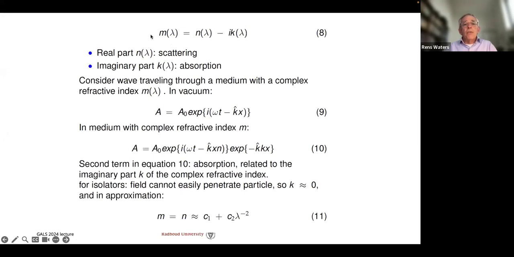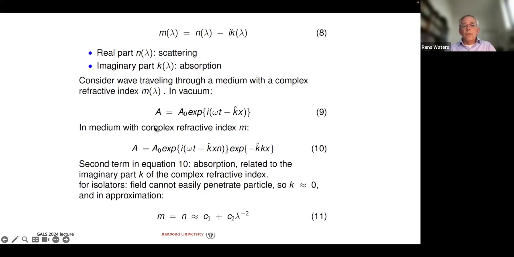So going back to this complex refractive index, maybe you can get a bit of a feeling for what these different terms mean physically. Well, the real part describes the scattering, and the imaginary part describes the absorption. And the way to visualize this with a bit of math is if you consider a wave traveling through a medium with a complex refractive index m(lambda), then you can write the wave propagation like this in vacuum.